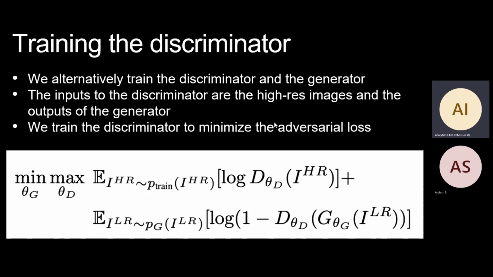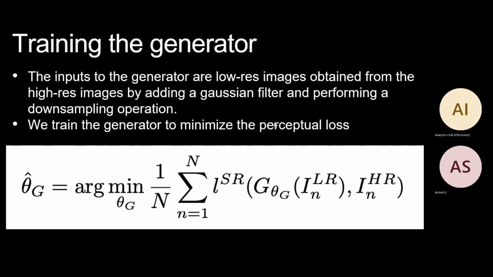We train the discriminator to reduce the adversarial loss. And for the generator, we try to reduce the perceptual loss that we saw. The perceptual loss is what is represented by LSR. Do you guys have any doubts in training?